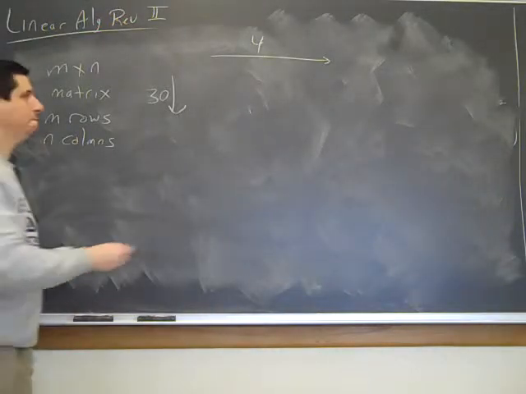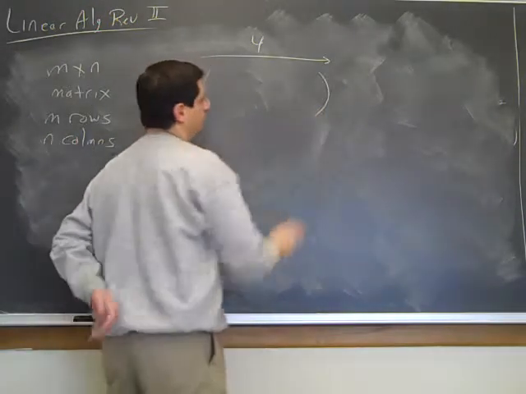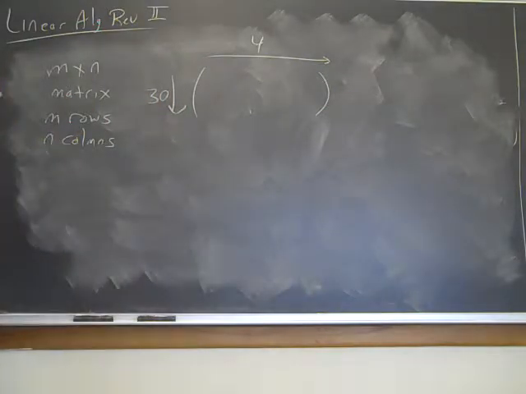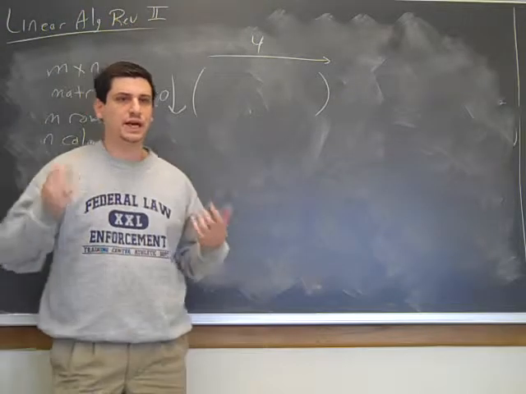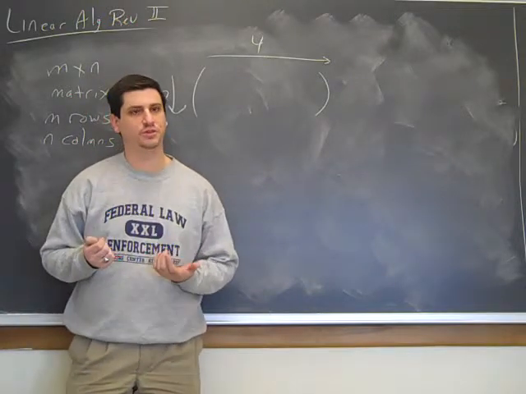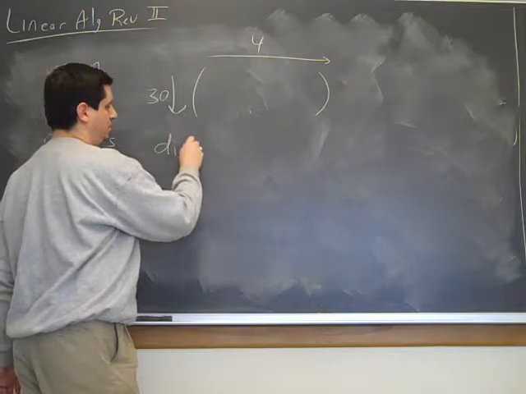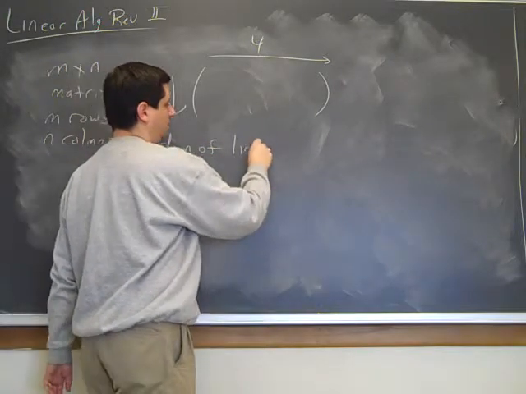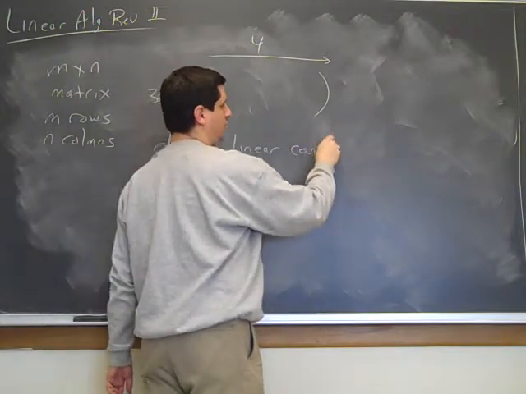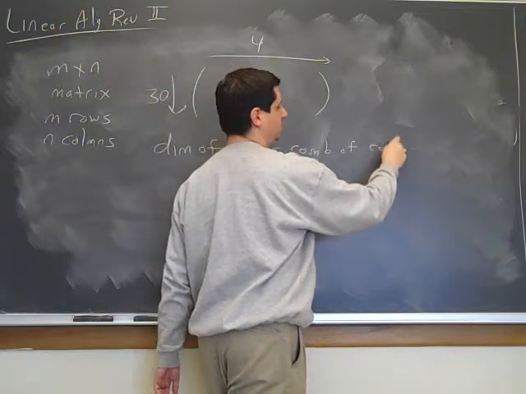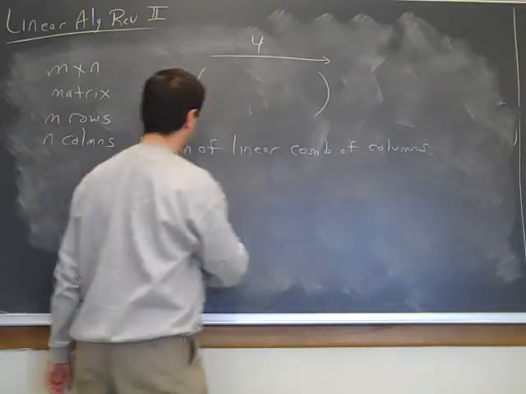Okay? So the question is, I have 30 rows and I have only 4 columns. What's the largest the dimension of the column space could be? The dimension of the linear combination of the columns is at most what?